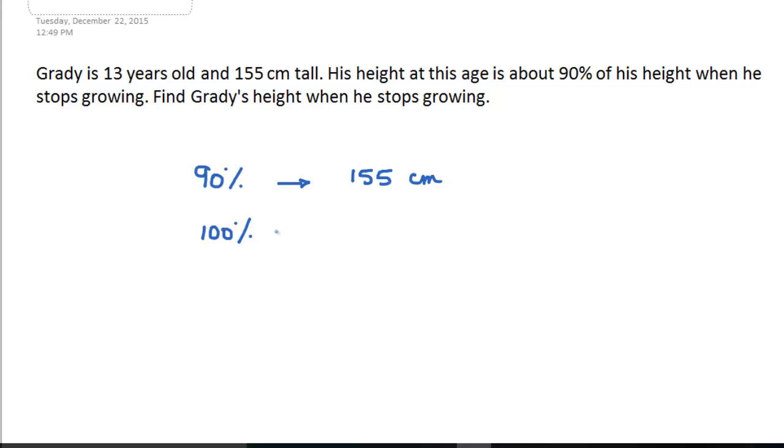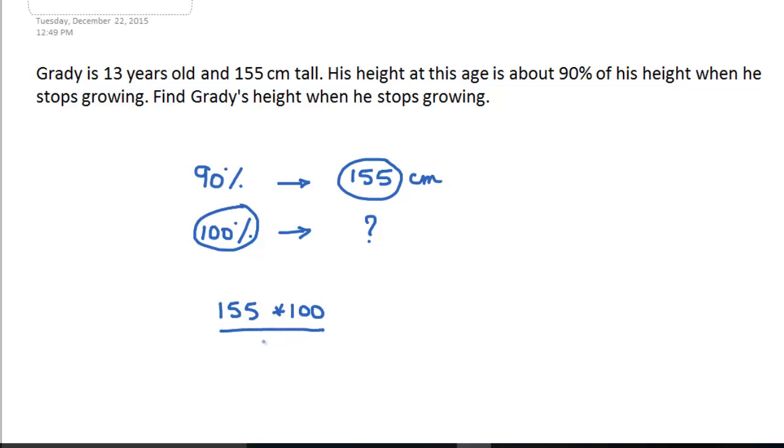The 100%, the total, is what? What was his height? In this case, when you have three terms, we take the two known terms, multiply them together, and divide by the third one. So I will take 155, multiply it by 100, and divide all of that by 90.